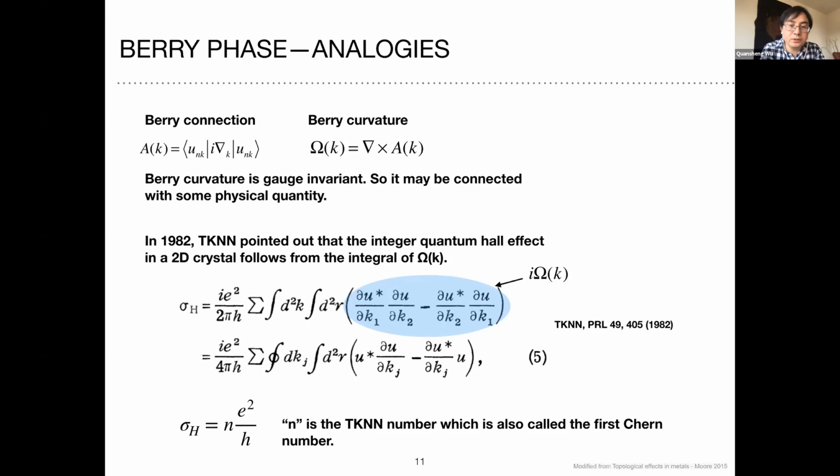Okay, in 1982, TKNN pointed out that the integer quantum Hall effect in the two-dimensional crystal follows the integral of the Berry curvature. This is the explicit formula for the Berry curvature. So in their formula, they prove that the Hall conductivity is the Chern number times e squared over h. And this is also called the TKNN number.